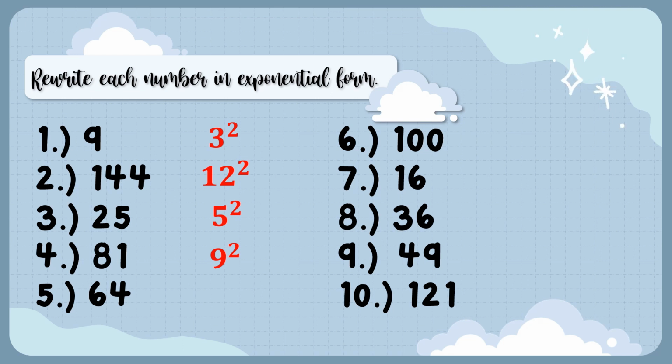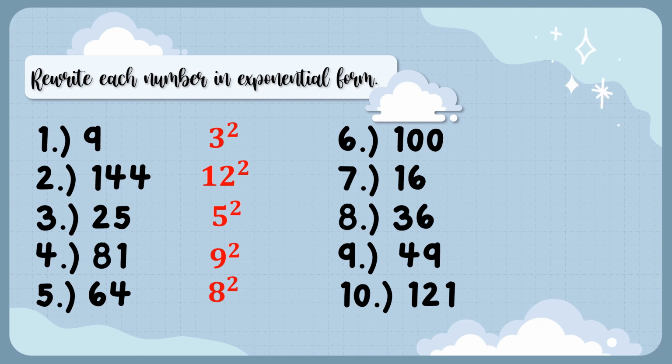And let's proceed to number 5, which is 64. The exponential form of 64 is 8 squared. 8 squared because when we expand 8 squared, that becomes 8 times 8. And 8 times 8 is 64.